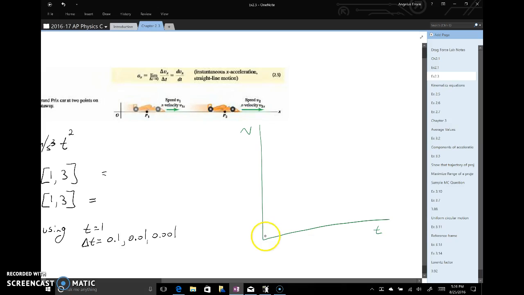Okay, so now if I take a secant line, the slope of this secant line is average acceleration, and the slope of this tangent line is our instantaneous acceleration at that point, or like down here, this would be the instantaneous acceleration at that particular point.